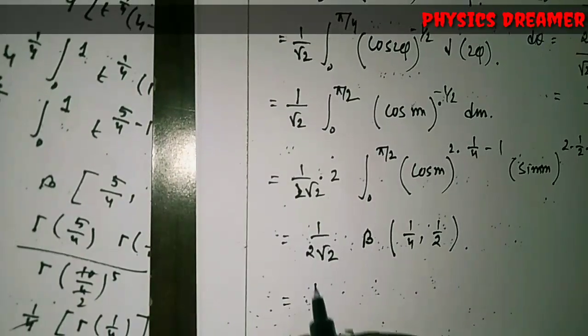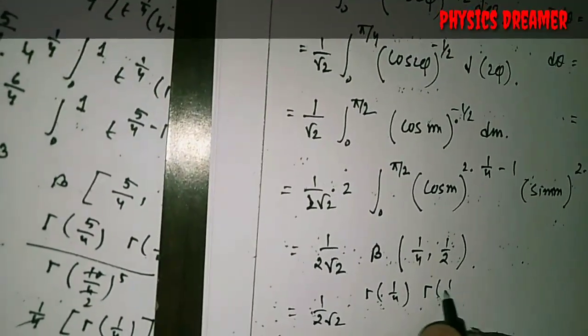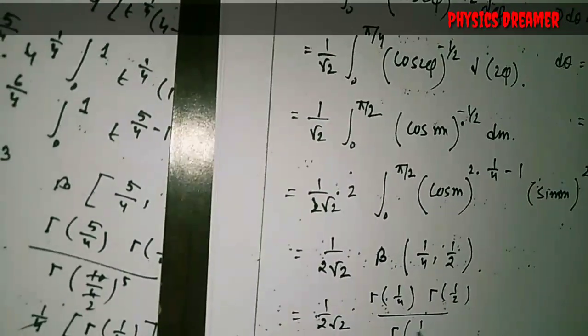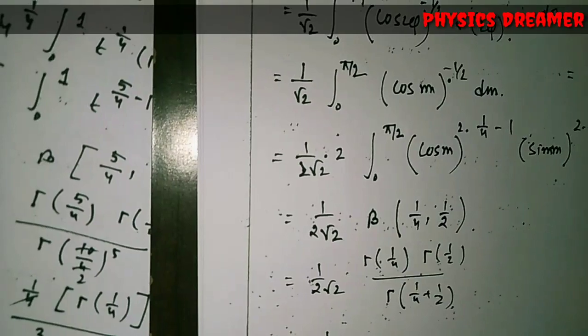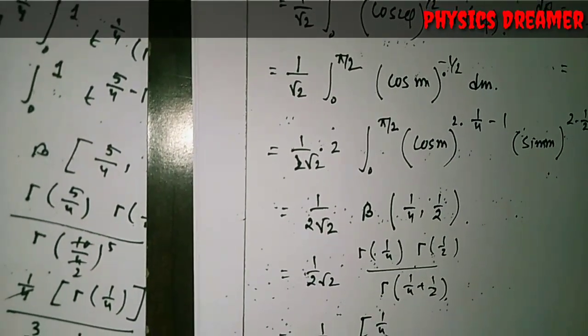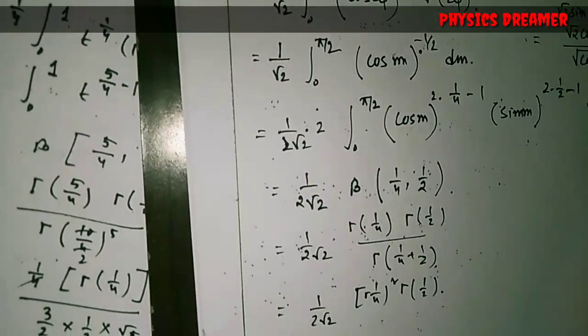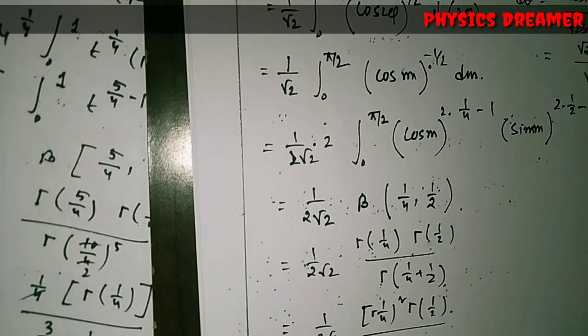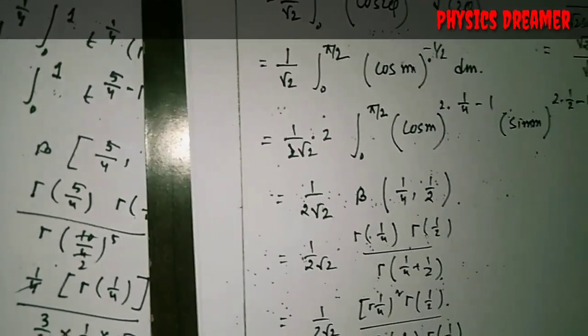So here 1 by 2 root 2, it's easy: gamma of 1 by 4 gamma of 1 by 2 over gamma of 1 by 4 plus 1 by 2. So 1 by 2 root 2 gamma of 1 by 4 whole square times gamma of 1 by 2 by gamma of 3 by 4 gamma of 1 by 4. Okay, so it's the term.